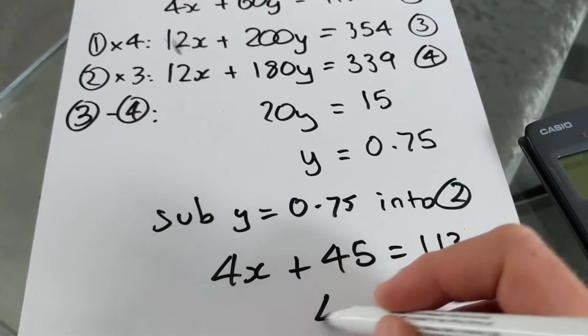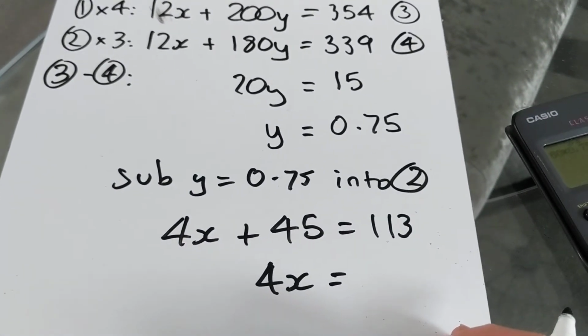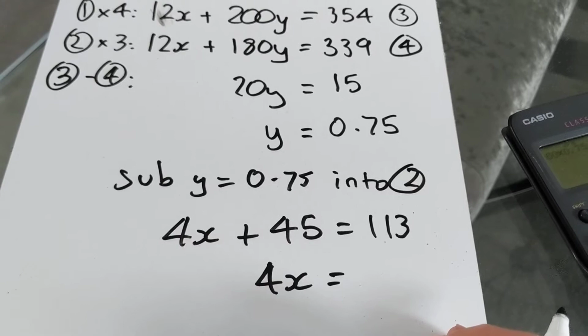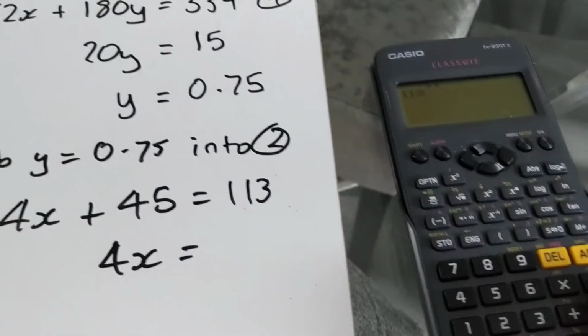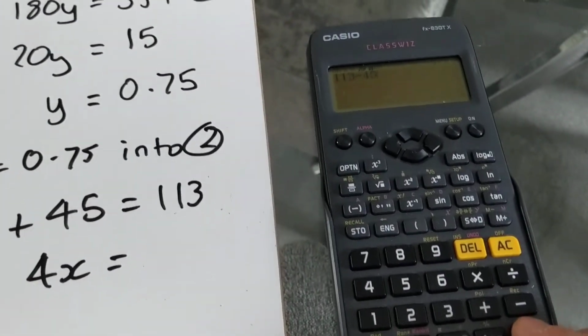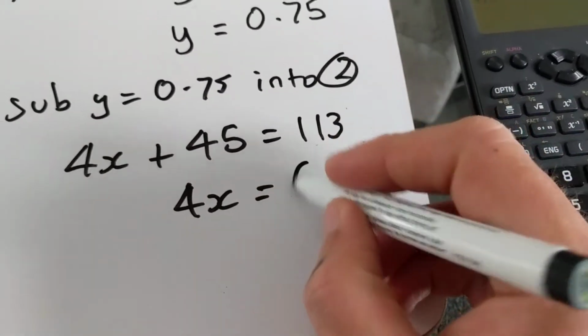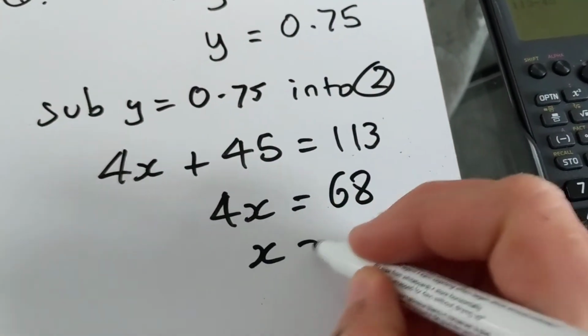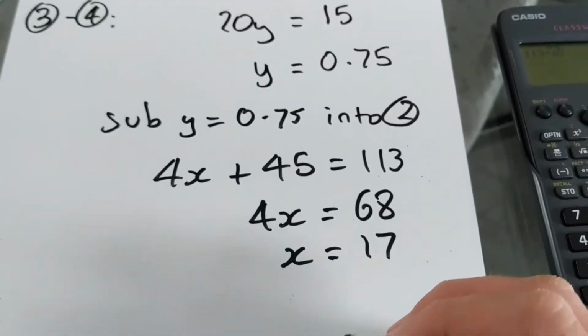Take 45 off both sides. So 113 take away 45. Just to check. 113 take away 45 equals 68. And then to get x, divide both sides by 4 and we get £17.